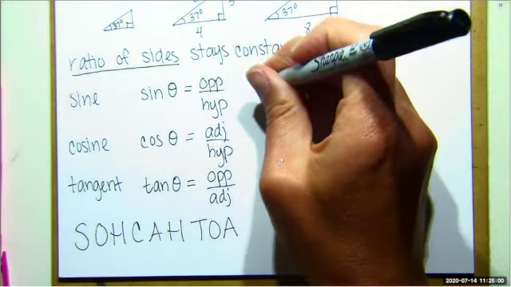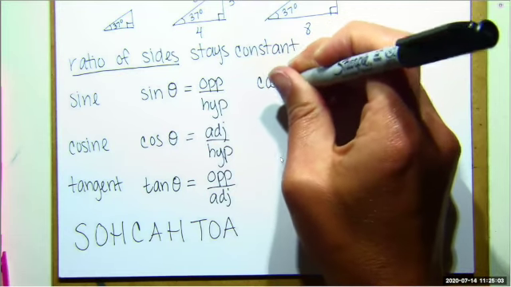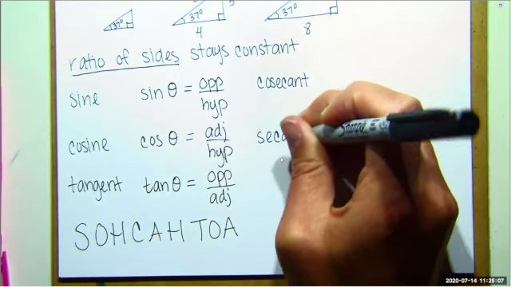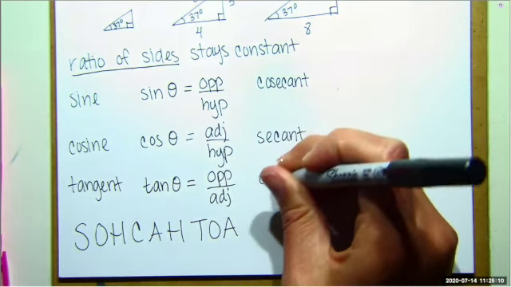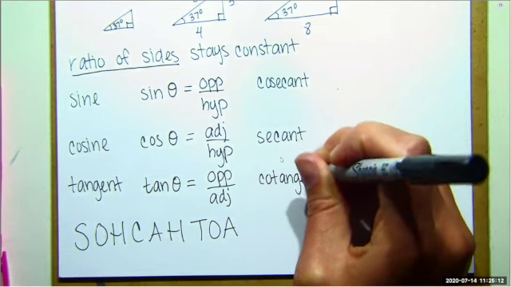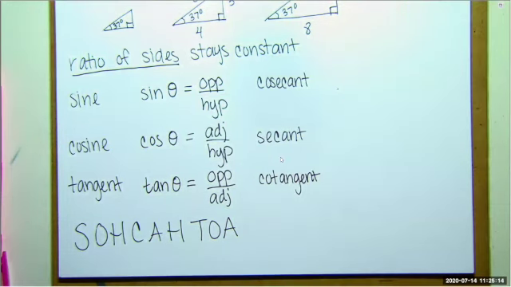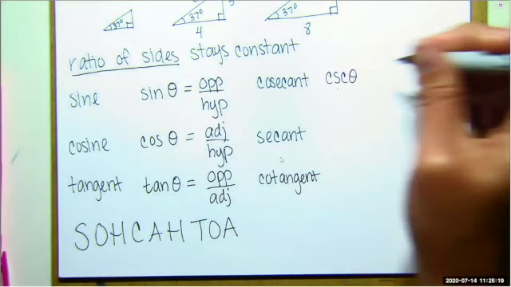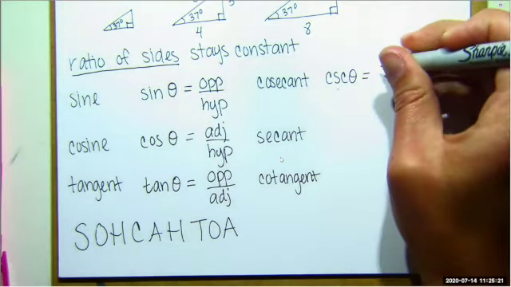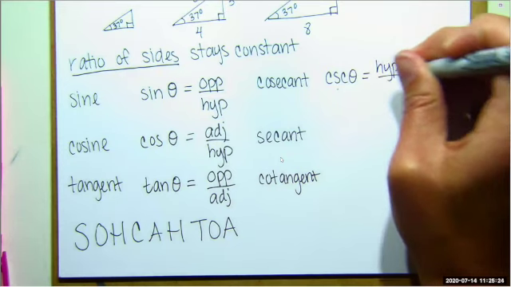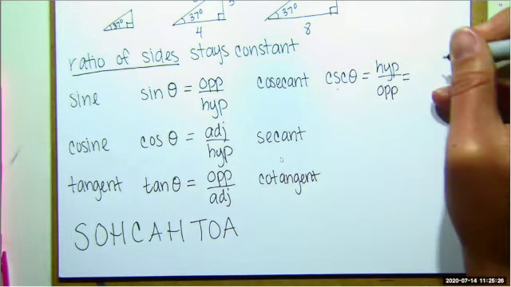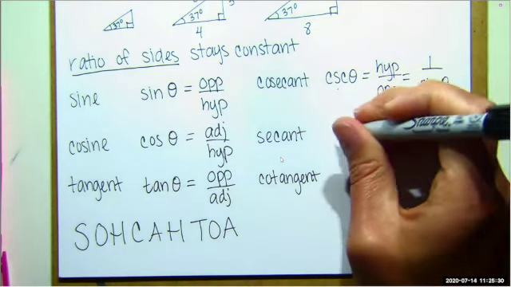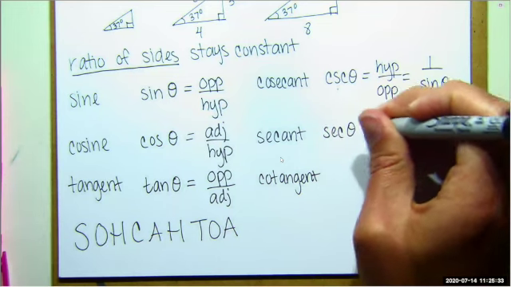So the next three are cosecant, secant, and cotangent. And if you look at a calculator, typically calculators don't even have buttons for these, so they're not as commonly used at all. Cosecant, we abbreviate CSC. This is defined as hypotenuse over the opposite, which is the reciprocal of sine. Secant, we abbreviate SEC.